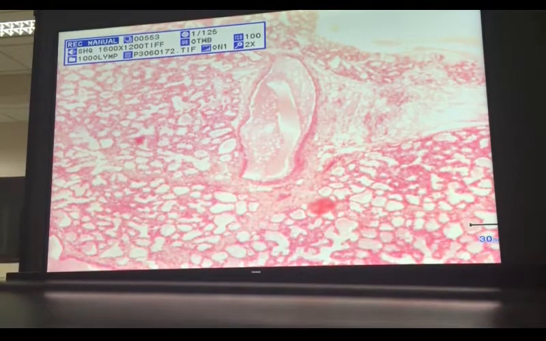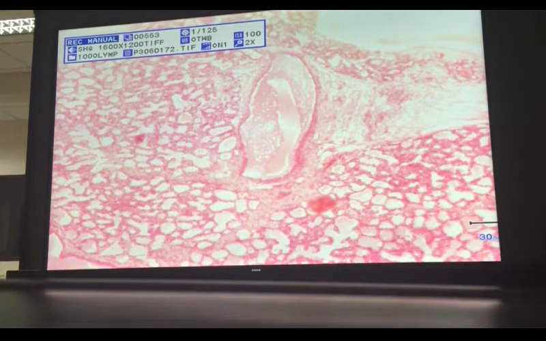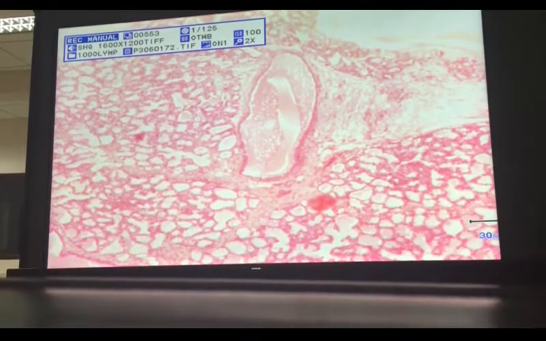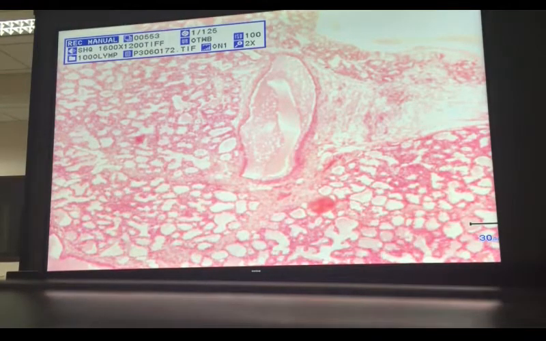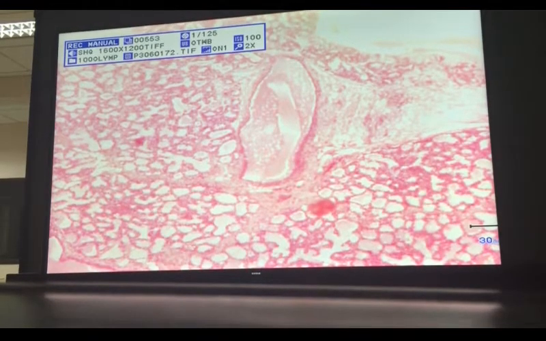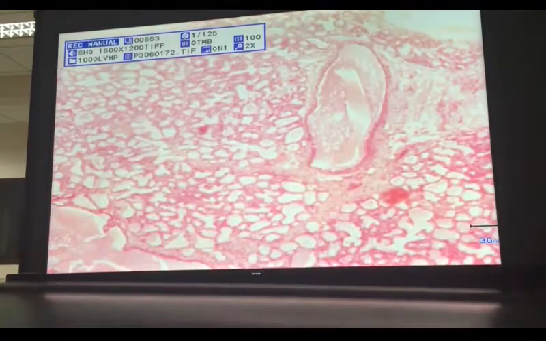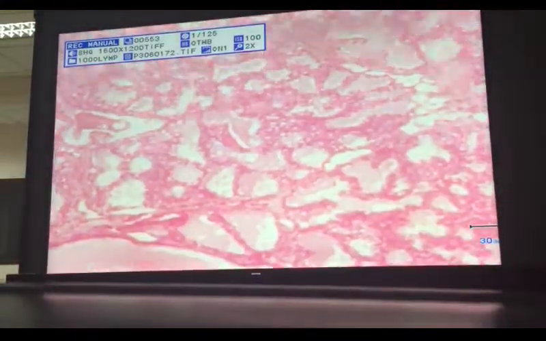Look at the difference in the size of those acini and the size of those acini. And then the marked crowding in the left portion. Marked crowding of acini in this shown area.